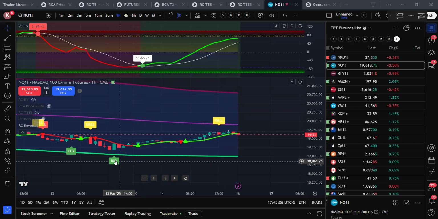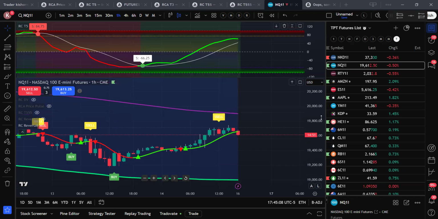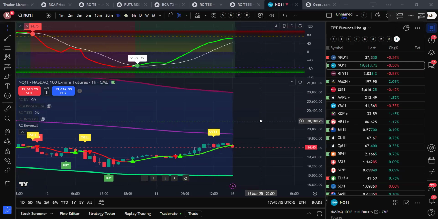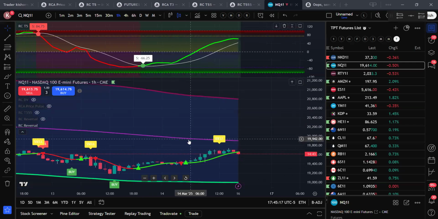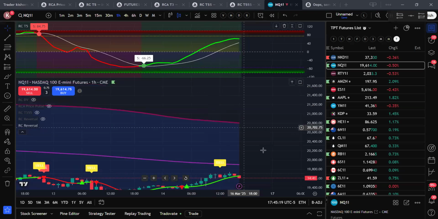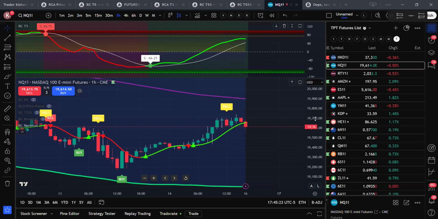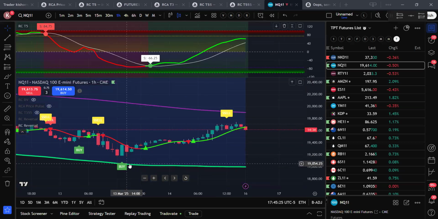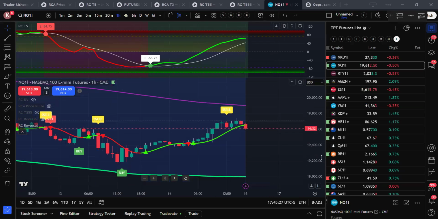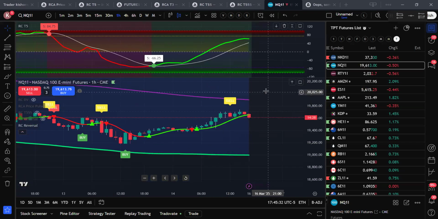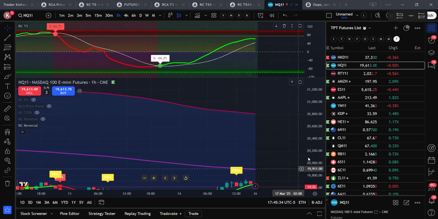Whenever it goes all the way to the bottom, you get a buy, or whenever it goes all the way to the top, you get a sell. That is a very good opportunity. If something is in the middle, you can ignore it. Wait for a sell at the top, wait for a buy at the bottom. There will be nice opportunities to make nice profits with stocks, options, futures. If it comes all the way to the bottom, it will become bullish. If it goes all the way to the top, generally there will be a reversal.